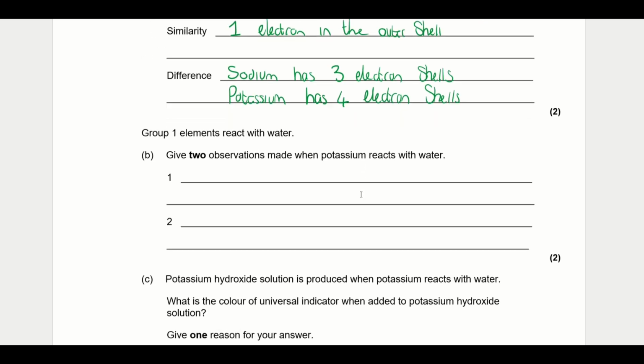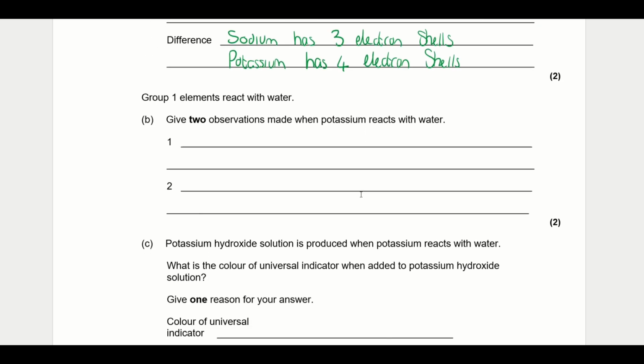It says group 1 elements react with water. You've probably all seen this in your class with your teachers. It's the one where they put the water trough out and put the metals in, and they fizz around. You probably all recall this. So it says give 2 observations when potassium reacts with water. So the first thing that you'll notice about these metals is they float on the surface of the water.